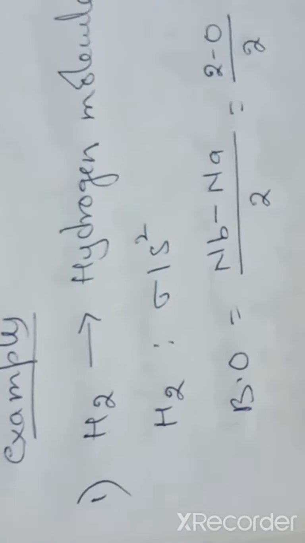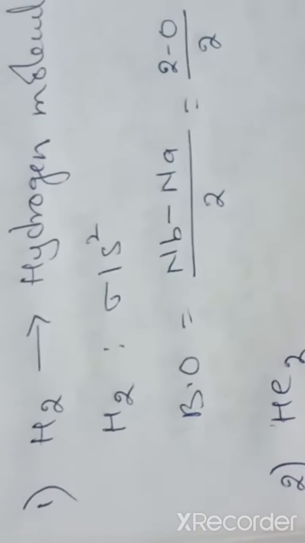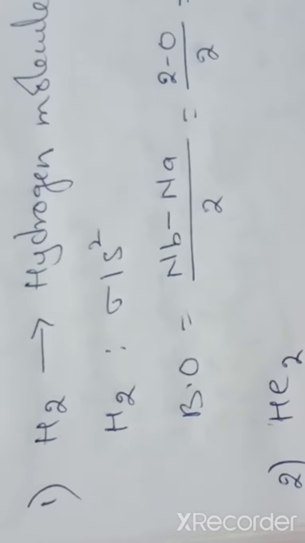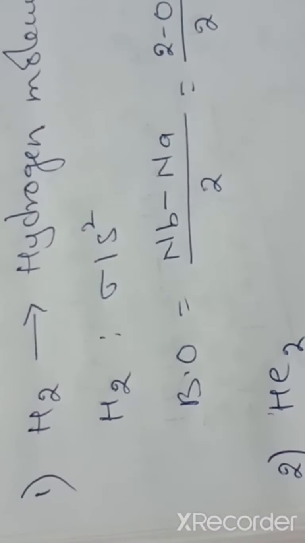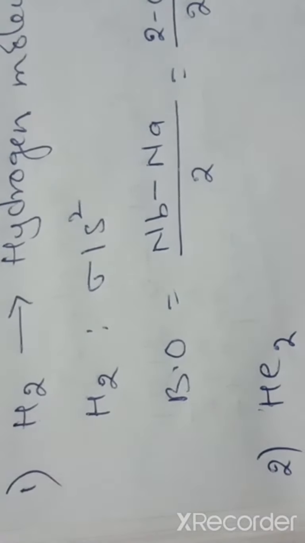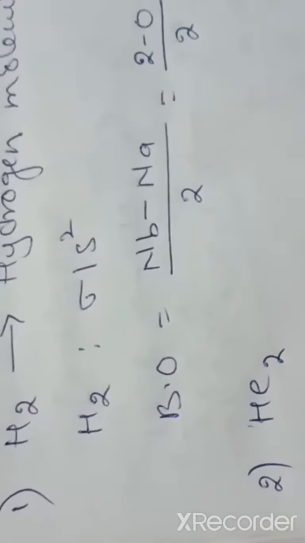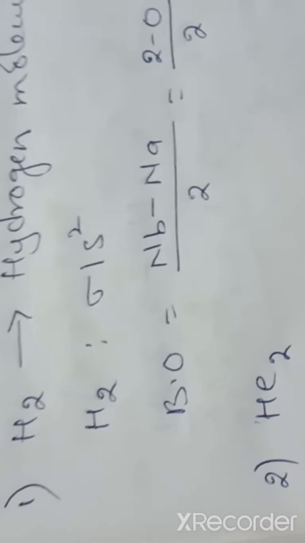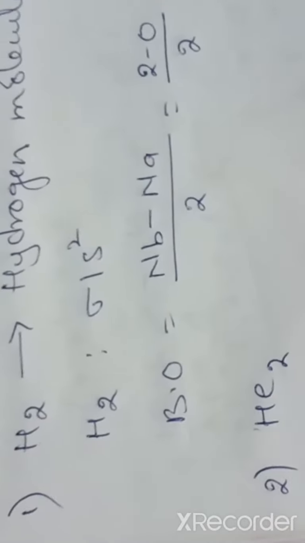Okay, helium molecule. Here, the electronic configuration for the helium atom is 1s2. That means each helium atom contains 2 electrons. So in the He2 molecule, how many electrons will be present? In He2 there would be 4 electrons, isn't it?